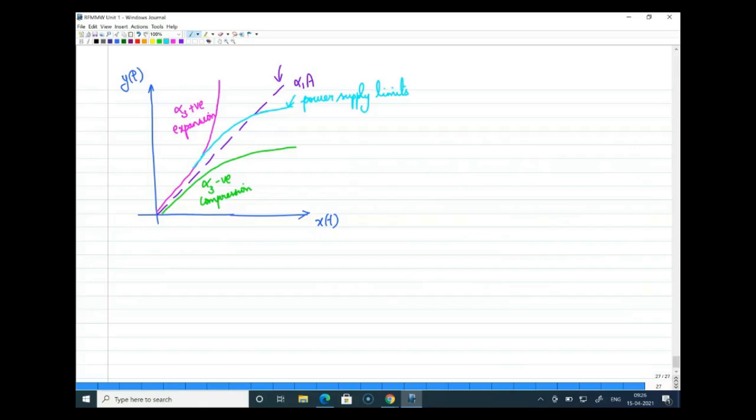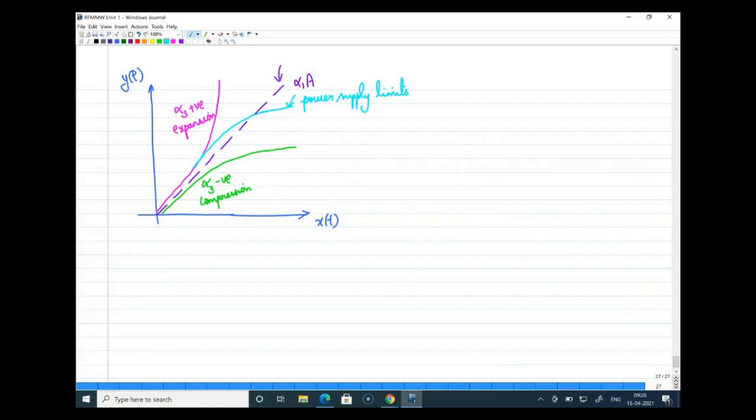So what you can see on this graph together is, neglecting all the higher order harmonics, you have a linear graph, but with your alpha 3 term, positive or negative, you can see an expansion or a compression. And ultimately, for any circuit, it has to compress because of the power supply limits.